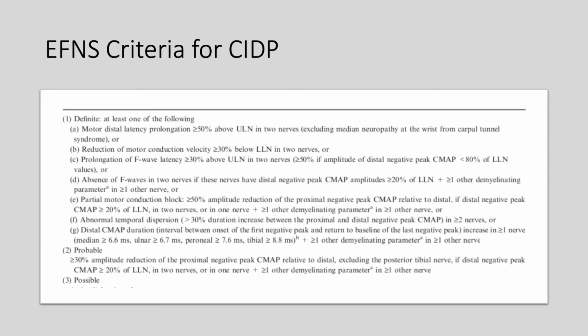So this is a quick brief of EFNS criteria of CIDP. I am not gonna go into detail of this criteria, and can certainly look into the EFNS criteria and ask questions in our detailed session in the room.